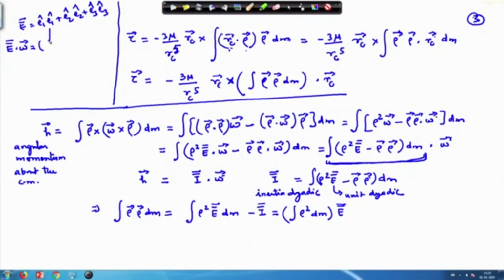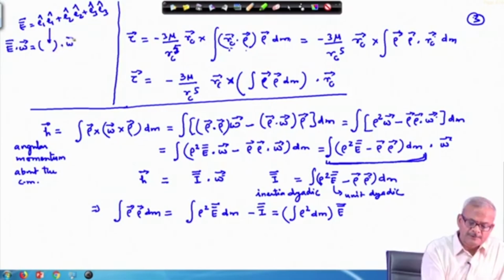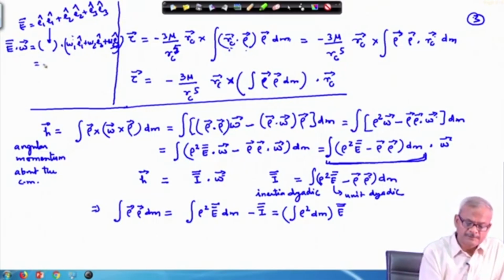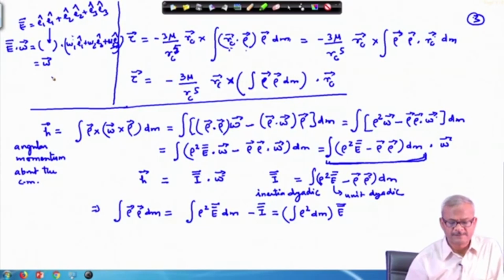So, copy it here in this place and take the dot product with omega, where omega we can write in the full form as omega 1 E 1 cap plus omega 2 E 2 cap plus omega 3 E 3 cap. Okay. If we take the dot product, we will see that this will result in omega.